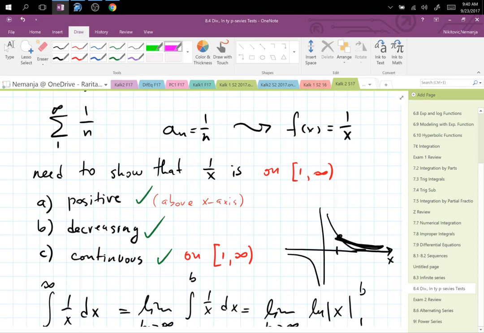But for our problem, all I need are numbers from 1 to infinity. If you consider the piece of the 1 over x graph, 1 to infinity, do you see that it's continuous? So this is the reason why you need the concept of piecewise continuity as well. So we have point continuity, which is continuity at a single point.